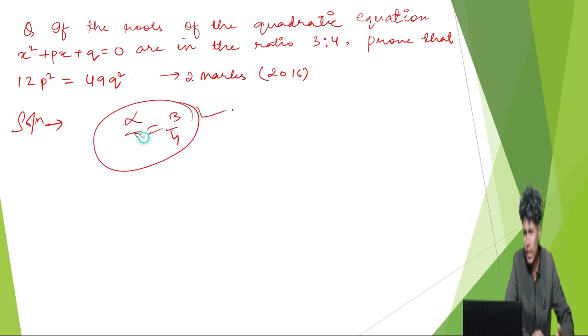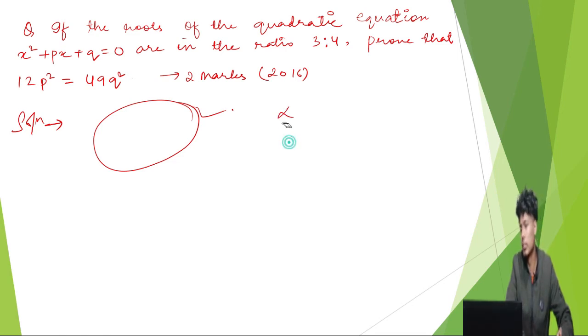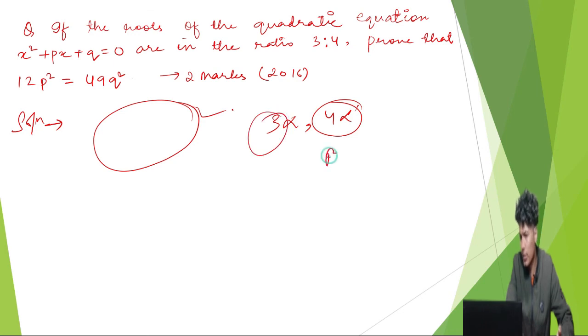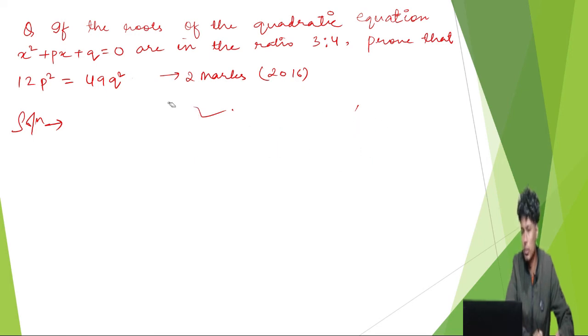Or we can say 3 alpha is one root and 4 alpha is another root. So beta is equal to 4 alpha. We can write like this.